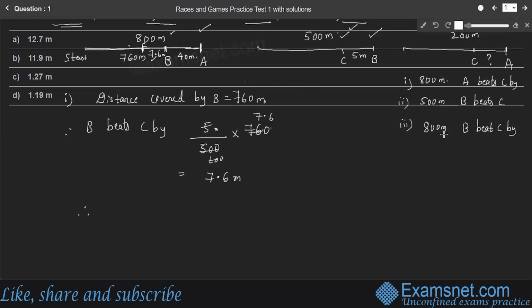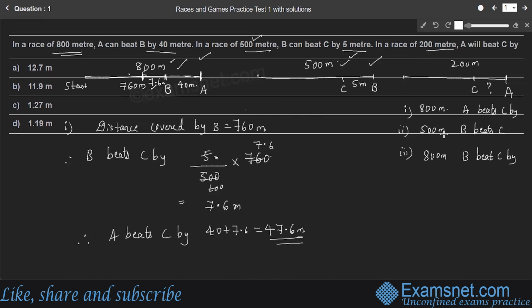Therefore, A beats C by 40 plus 7.6, which is 47.6 meter. The A to C distance will be 47.6 meter. So this is in the race of 800 meter.